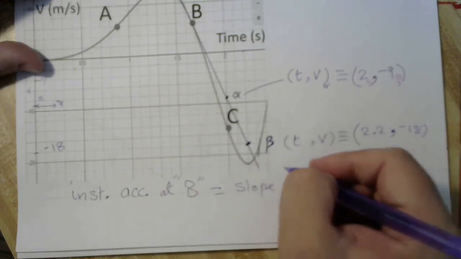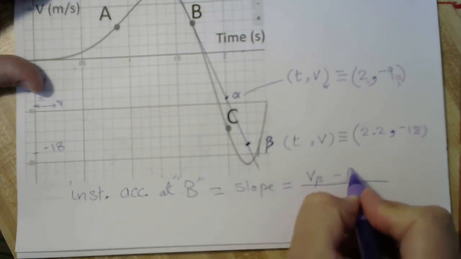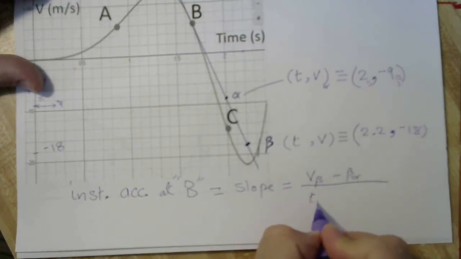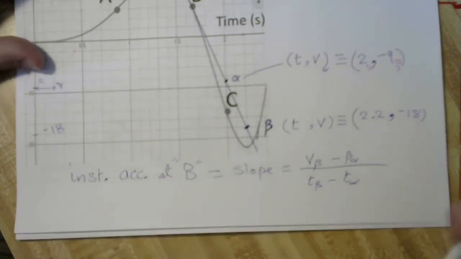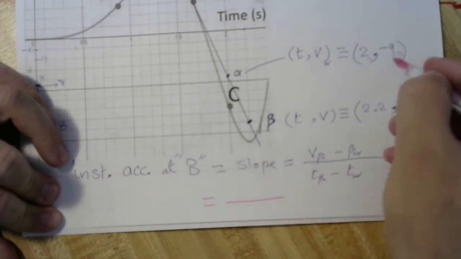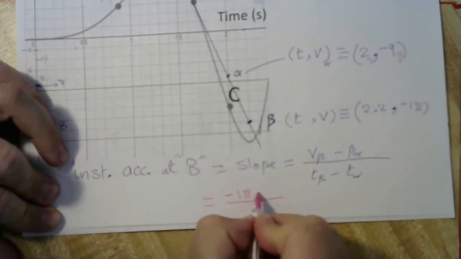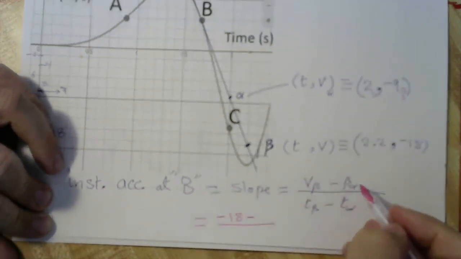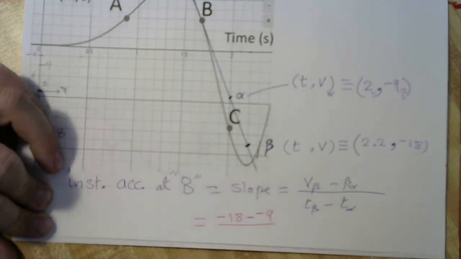This is V beta minus V alpha over T beta minus T alpha. Again, I can compute that, which is equal to V at beta, negative 18, minus V at alpha, negative 9.